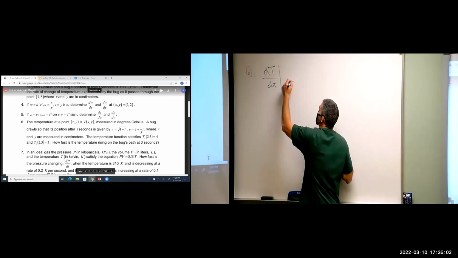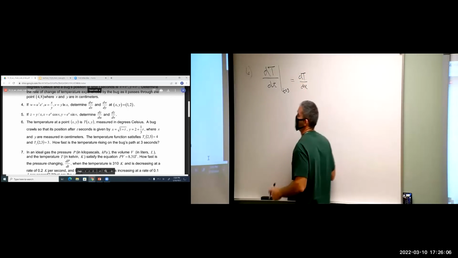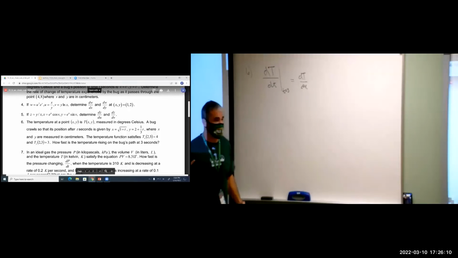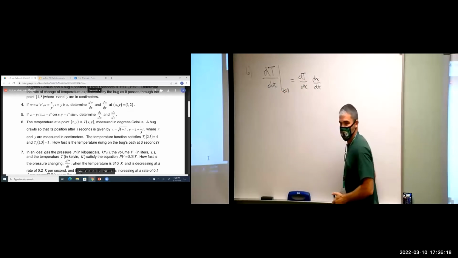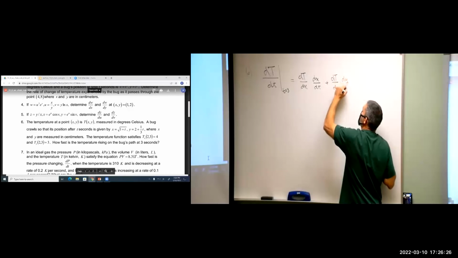Well, here's what we know we can do. We can do dT/dx, right? Because capital T is in terms of x and y, and that can be multiplied by dx/dt. And there's that, cancel the dx's, dT/dt. Same thing with the y, dT/dy times dy/dt.